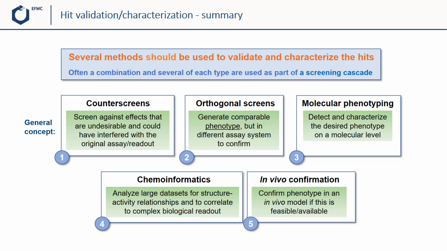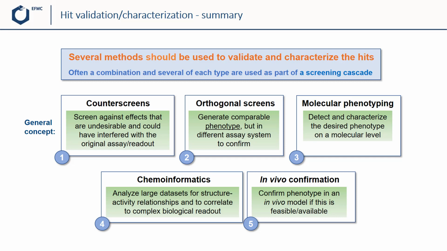So we're going to look at counter screens, where you would screen against effects that are undesirable and could have interfered with the original assay and your readout. We're going to look at orthogonal screens, where you try to generate a comparable phenotype, but in a different assay, to confirm your data. You're going to see how molecular phenotyping is used to detect and characterize the desired phenotype on a molecular level.